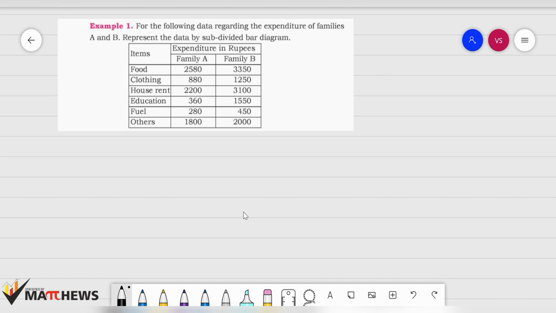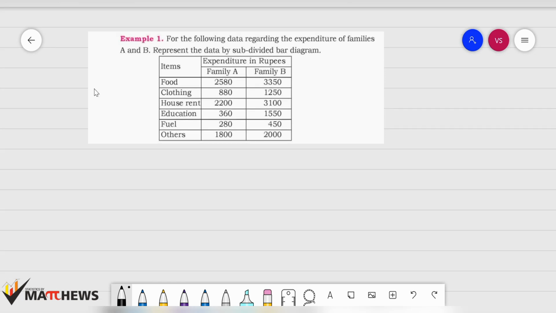We can separate them, or we can do some designs on the separations of those particular components. For English we give a different shade, for Kannada a different shade, for Hindi a different shade. Likewise for all the subjects we give different shades, so that each shade represents that particular subject.